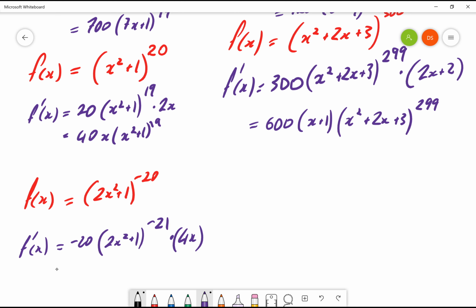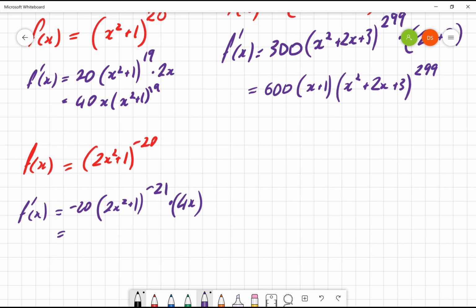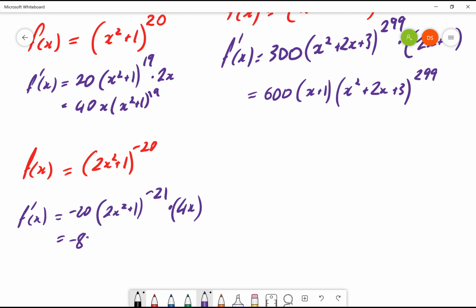And so if you simplify it, you'll get negative 80x times (2x squared plus 1) to negative 21. Boom. Done.